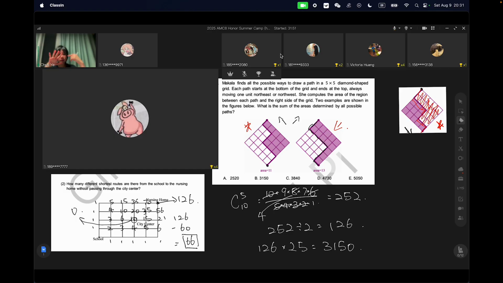And there are going to be 5 steps that go northeast and 5 steps that go northwest, because it needs to end up at the top and start from the bottom. So therefore, we need to choose the steps that go northeast and choose the steps that go northwest. So that would be choosing 5 out of 10. And we get 252, which is the total number of routes possible for you to get from the bottom to the top.